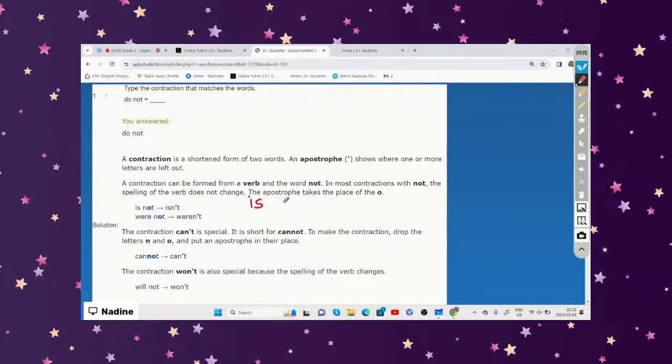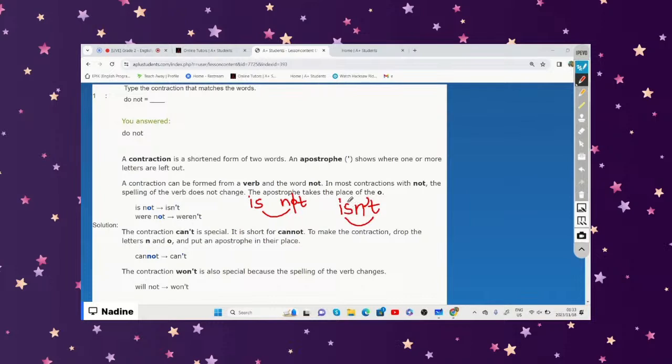An example is our verb, is, and not. If we form the contraction by using these two words, our verb stays the same, and we bring the N for not, remove the O, put the apostrophe in its place, and then we add the T at the end. So, isn't.